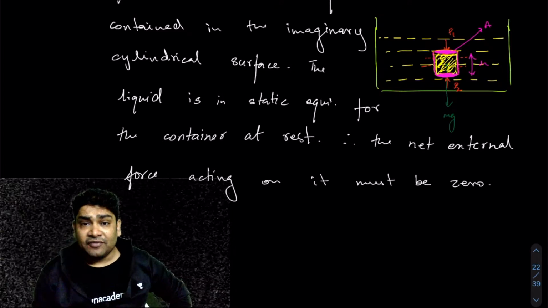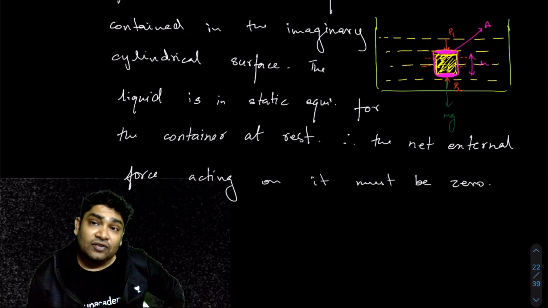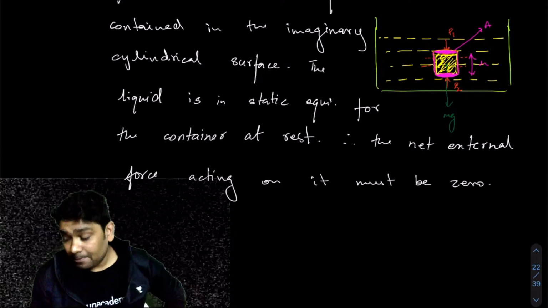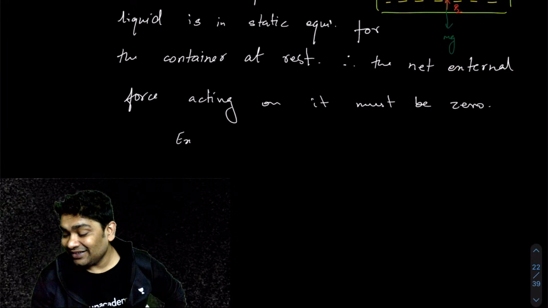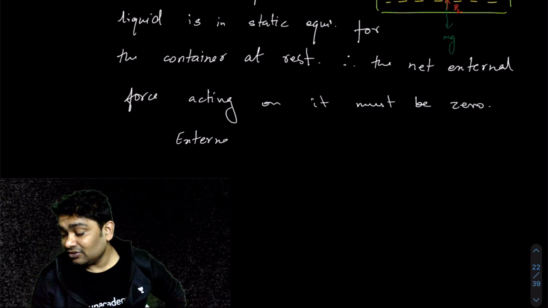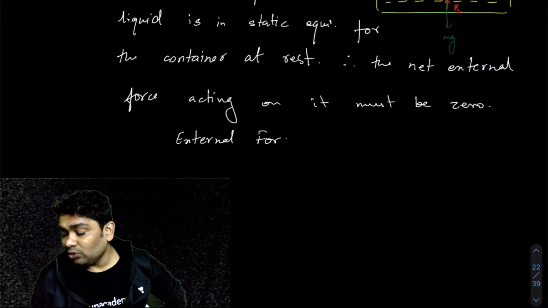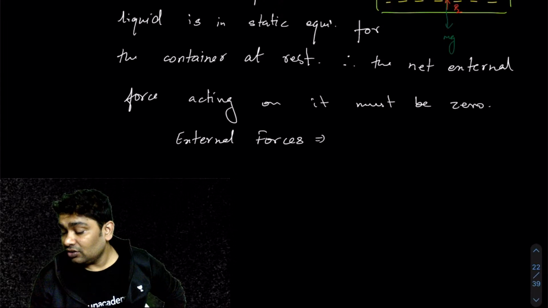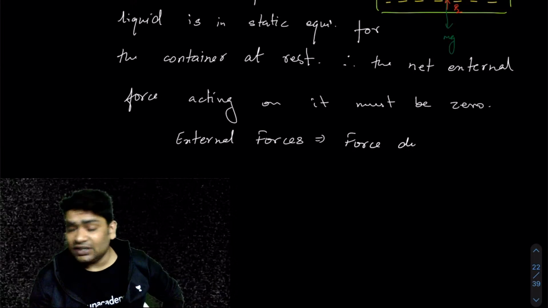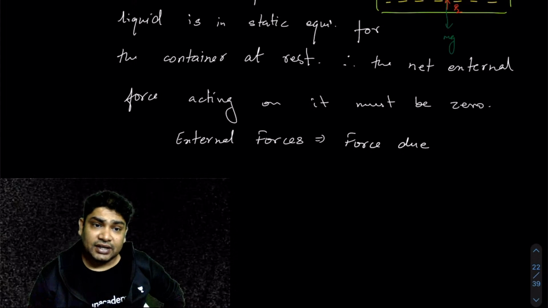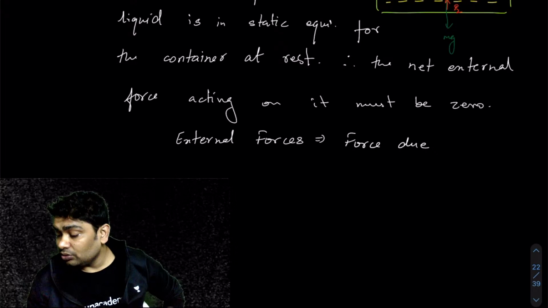If I only focus on the y direction, what are the external forces that this segment can feel? External forces would be of two kinds. There will be force due to the surrounding liquid, because it is in contact with the surrounding liquid. Surrounding liquid is touching it, so there will be force due to the surrounding liquid.